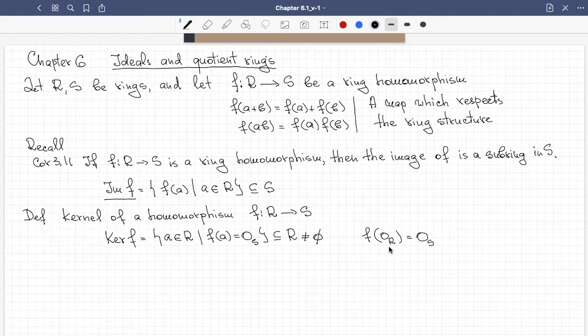Marked element 0 maps to the element 0. That was proved in chapter 3.